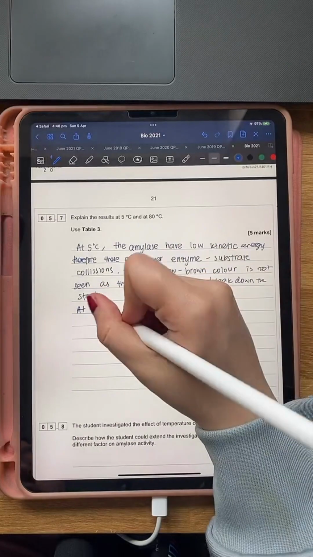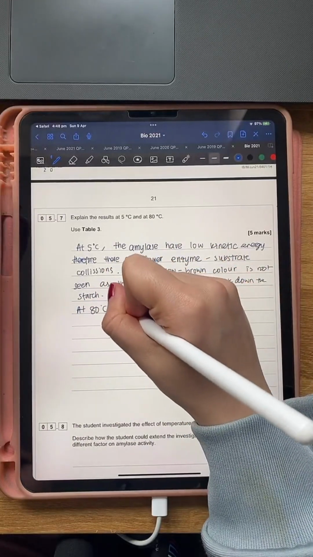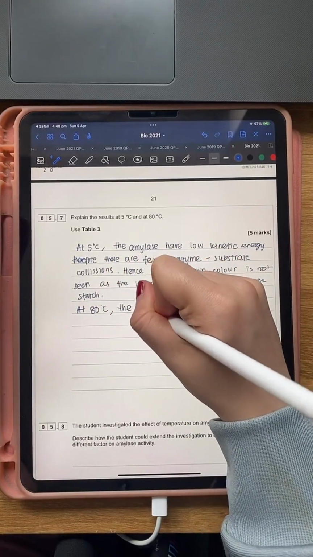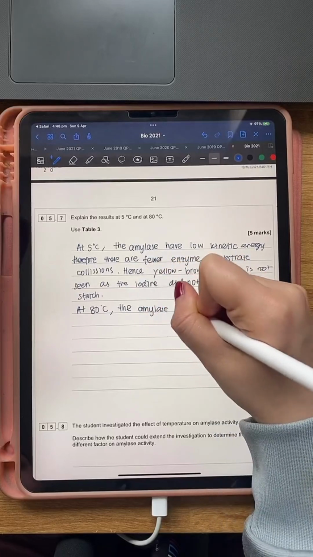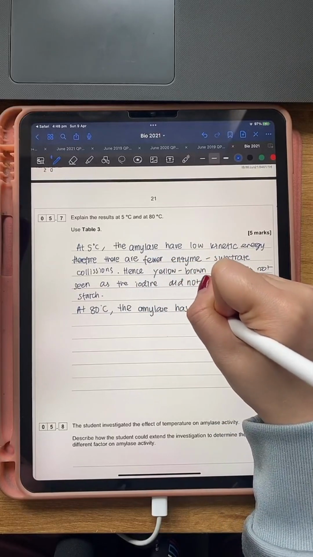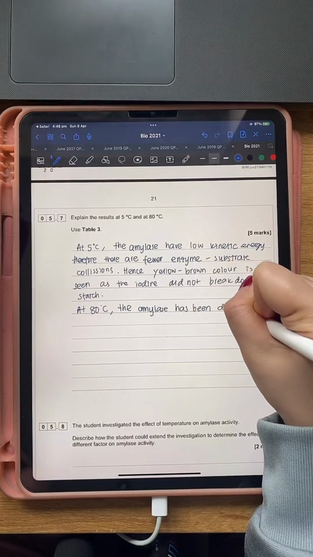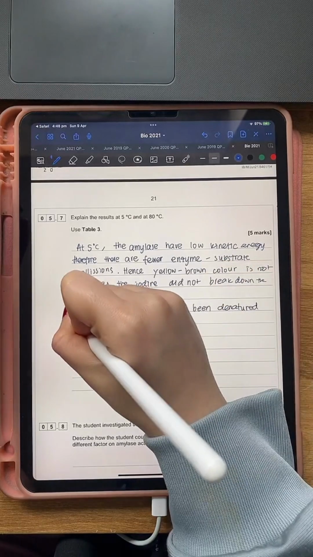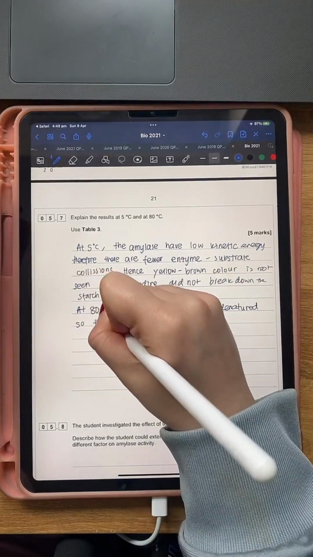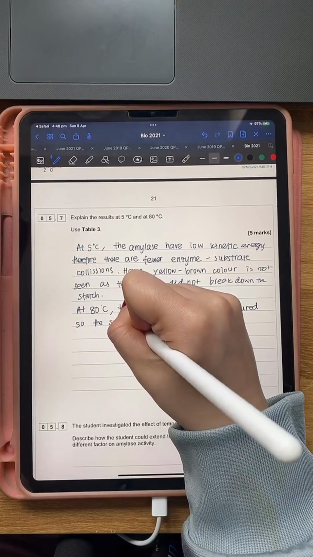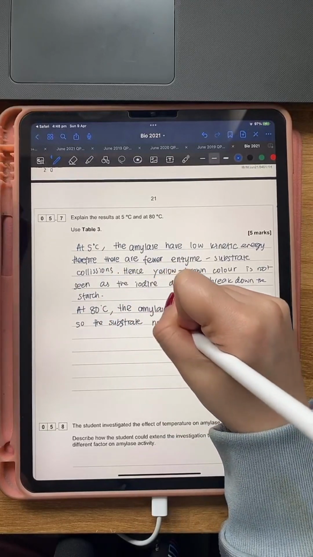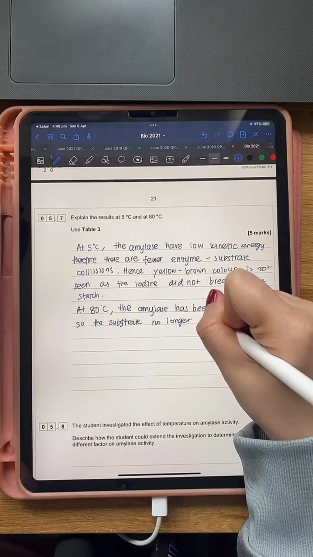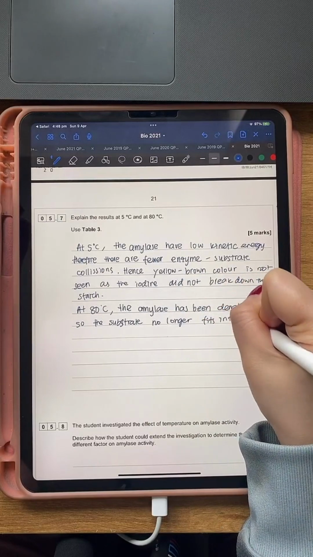So the substrate no longer fits into the active site. The better way of saying that is that they're no longer complementary. That's always the best way of saying it. Hence, no starch was broken down.